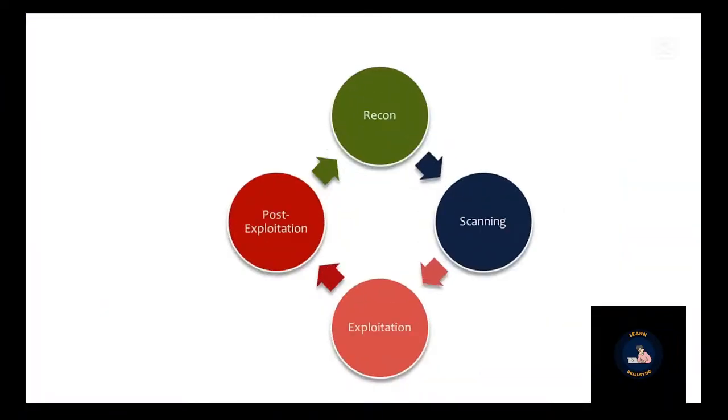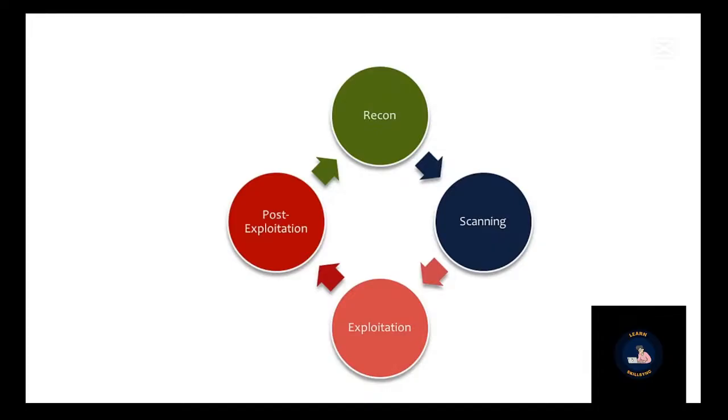Before diving into Kali Linux, let me explain what the 4 different phases of penetration testing are. When you do a penetration test, you have to go through 4 different phases, and each phase depends on the previous phase.